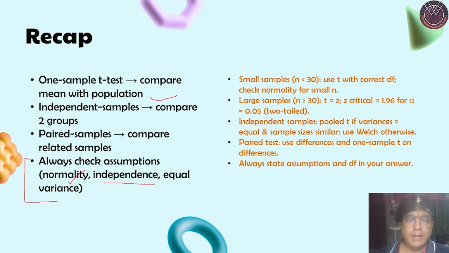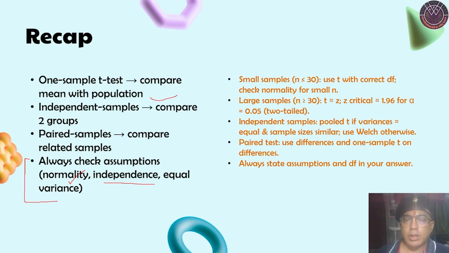But the ideal condition is that normality has to be there, independence has to be there. Independence means, for the independent sample, two groups are already independent. In the before and after condition also, both these readings are independent from each other. So in that sense it should be independent.